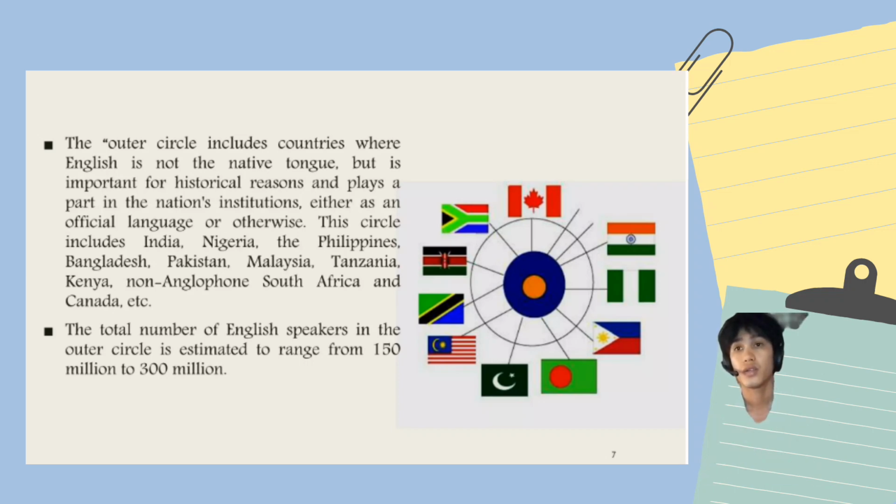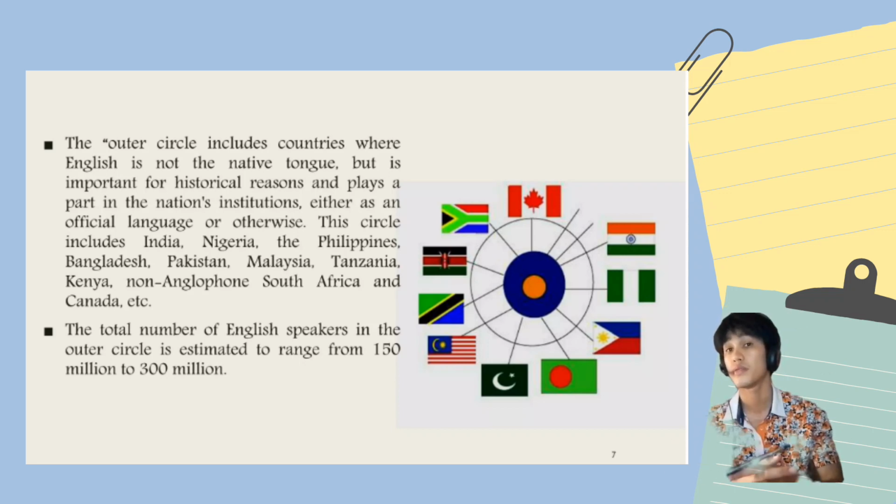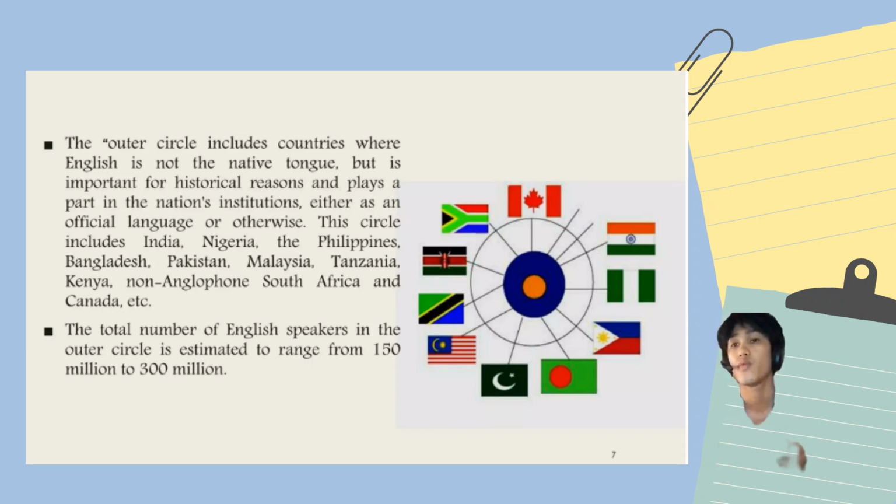This circle includes India, Nigeria, the Philippines, Bangladesh, Pakistan, Malaysia, Tanzania, Kenya, non-Anglophone South Africa, and Canada, etc. The total number of English speakers in the outer circle is estimated to range from 150 million to 300 million.